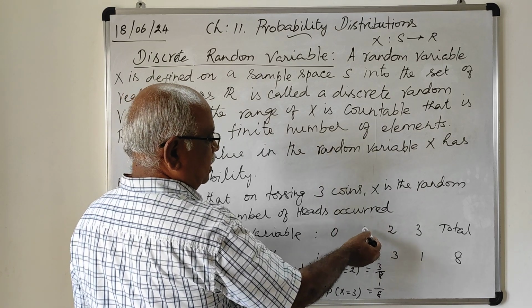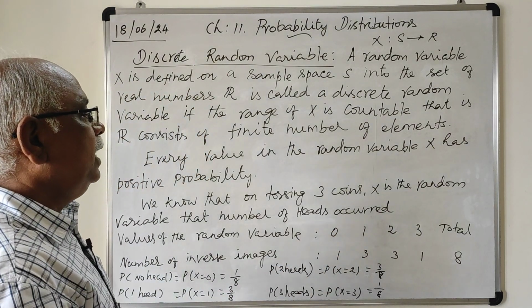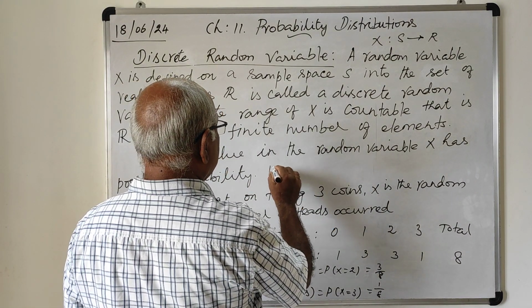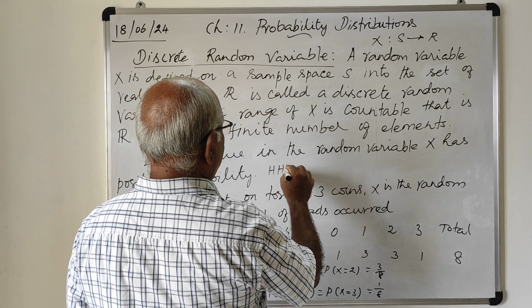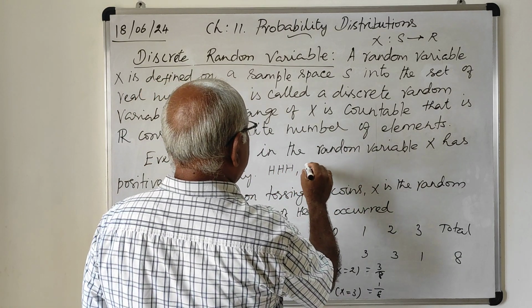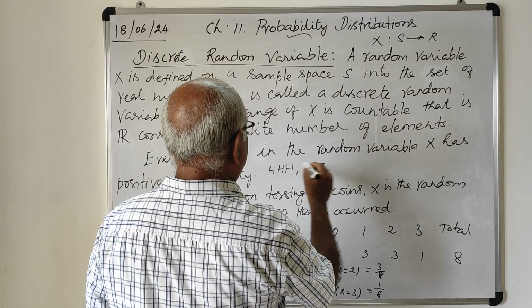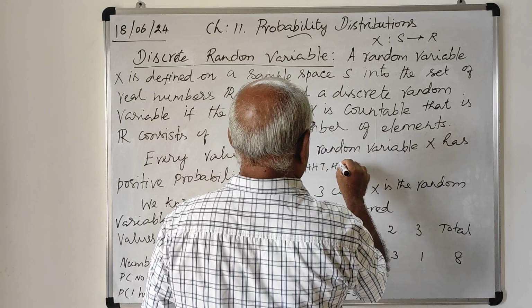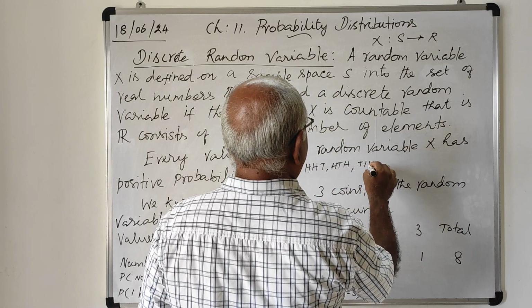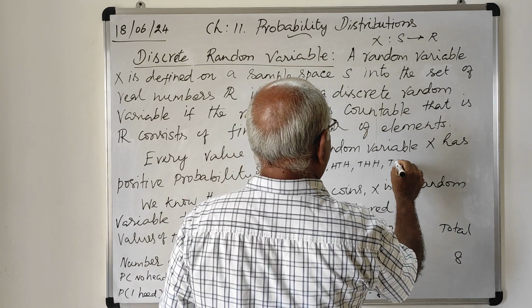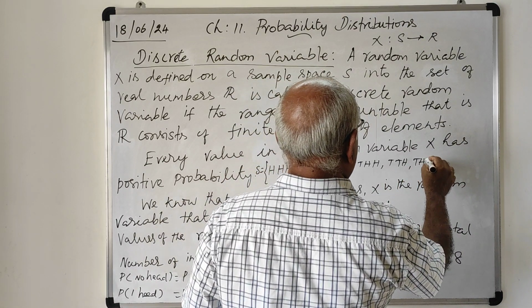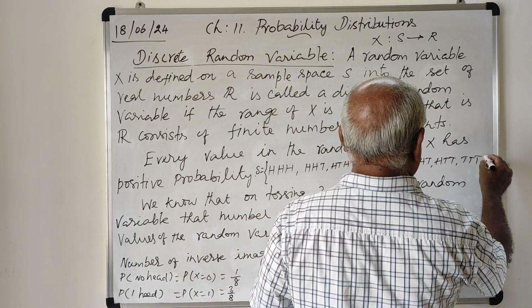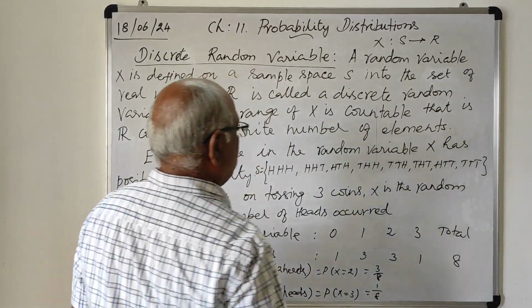One head is associated with 3, because the sample space has 8 elements: HHH, HHT, HTH, THH, TTH, THT, HTT, and TTT.